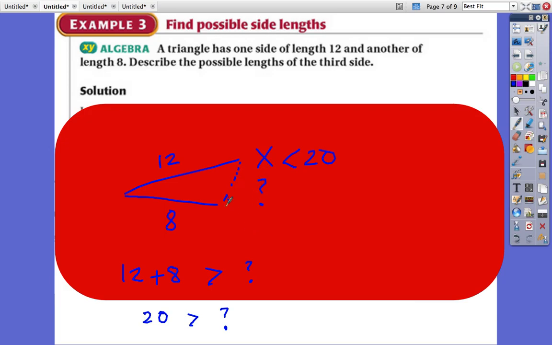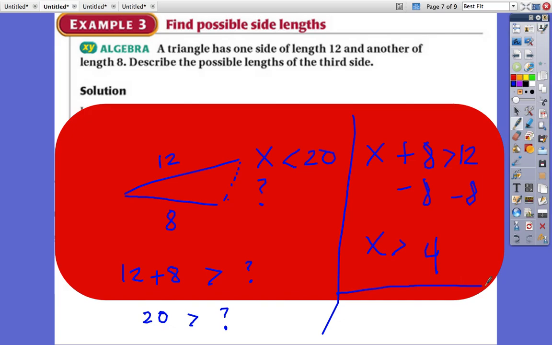Now, since it's any 2 sides actually, x, which is the missing side, plus 8, x plus 8 has to be greater than 12. If we subtract 8 from both sides, we get x greater than 4. So x has to be greater than 4, but less than 20.